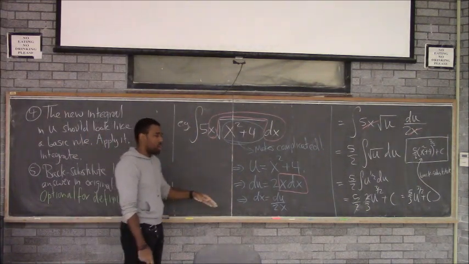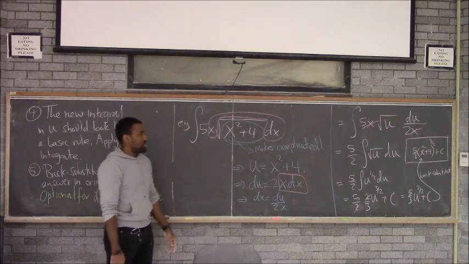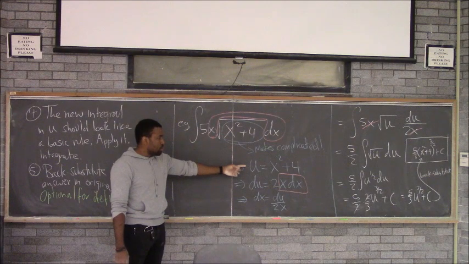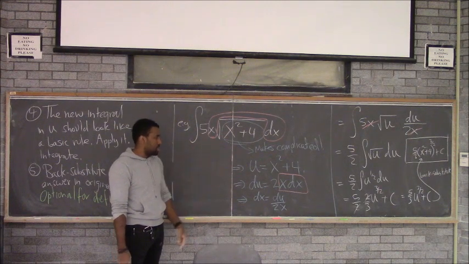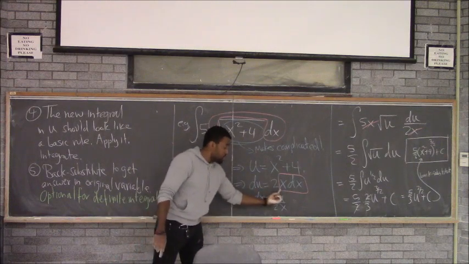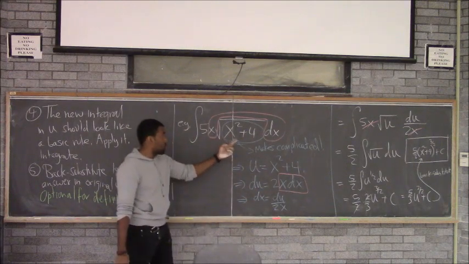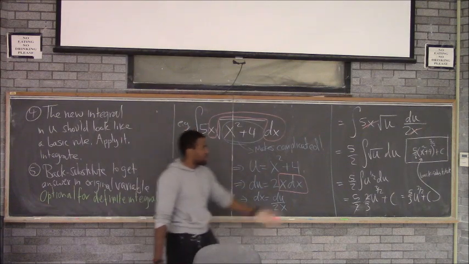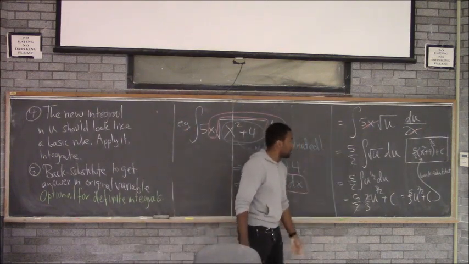Substitution, Calc 1, always the answer. Find something that is complicated, use a single variable to represent it, differentiate that expression, make sure that the variable part of the derivative is somewhere else in the function. If you're off by a constant factor, it's not going to matter because you can always factor the constants out.